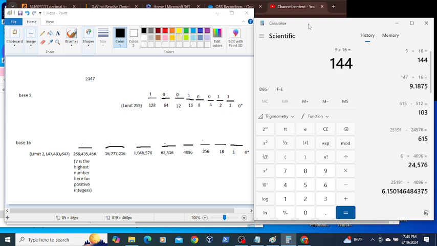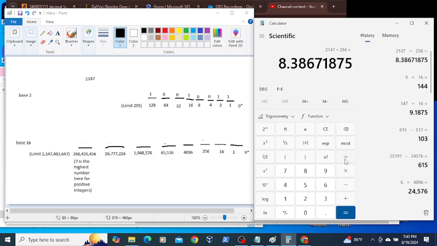So 2147 falls within this range. The question is how much. Just eyeballing it, it looks like it's going to be 7 times. 2147 divided by 256. Oh, it's 8. Okay. That's a good thing I used the calculator.